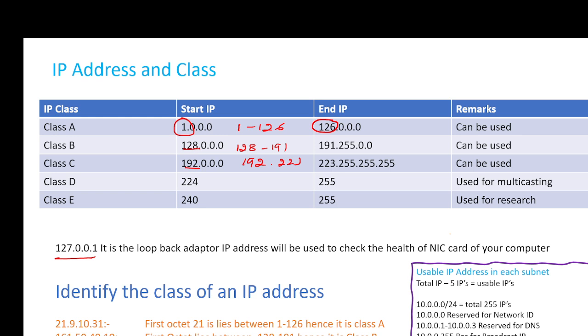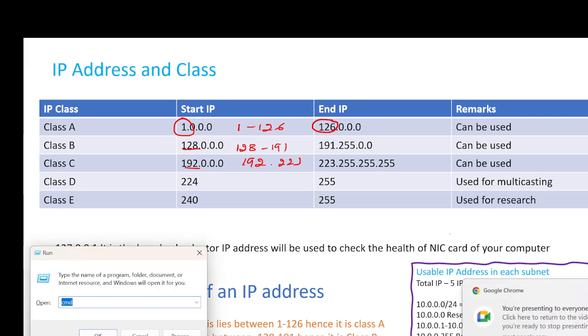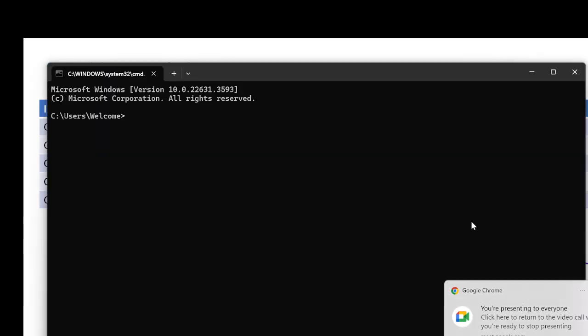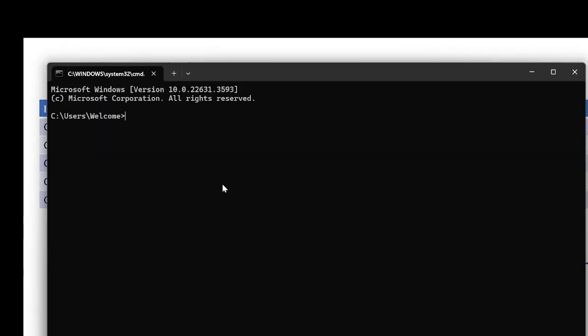So this 127.0.0.1 is the loopback adapter IP. Say, for example, if you want to verify the health of the network interface card in your laptop, computer or desktop, you can try to ping 127.0.0. and any number between 1 to 255.